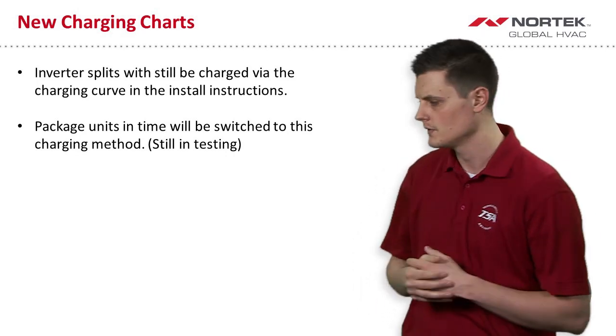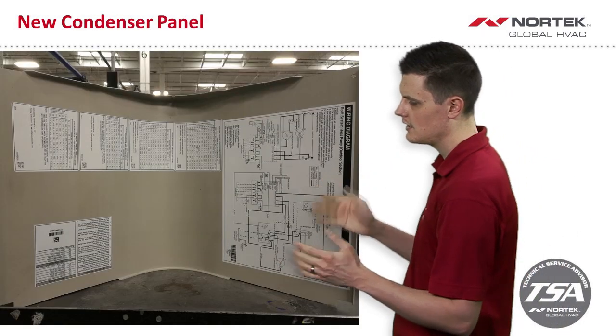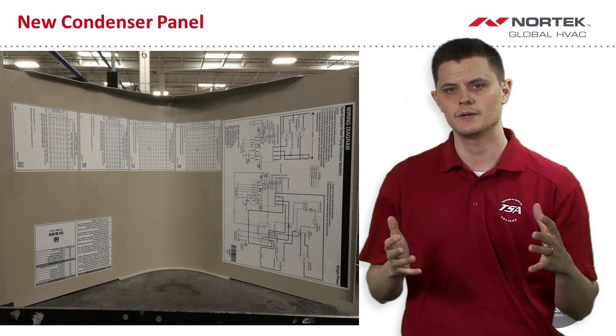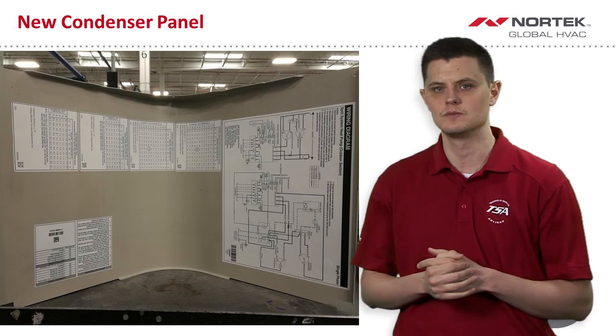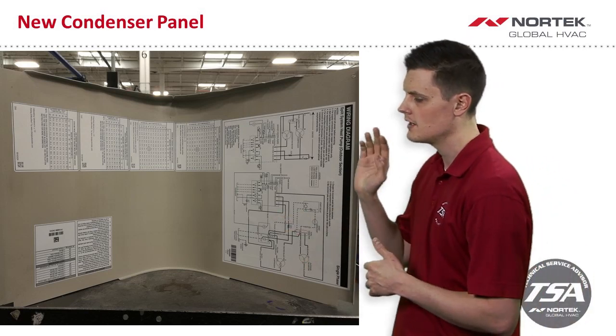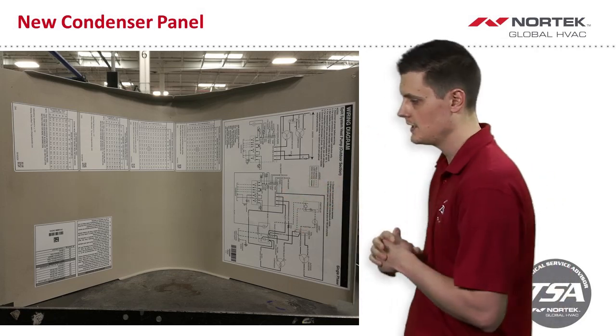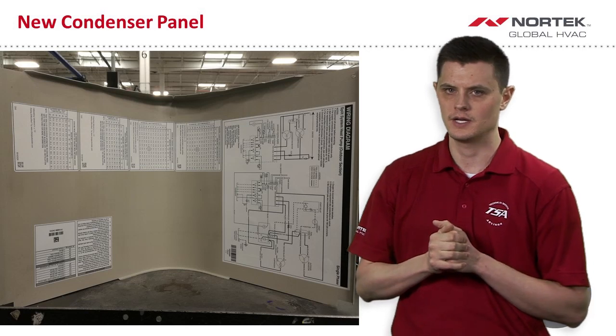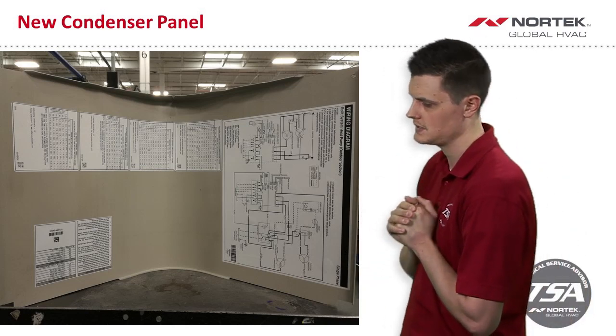So what I've got here is a picture of what the new condenser panel on the inside will look like. Obviously we have our wiring diagram, but this is going to be a heat pump because we have 4 stickers on it, and it's probably going to be a 14 SEER.